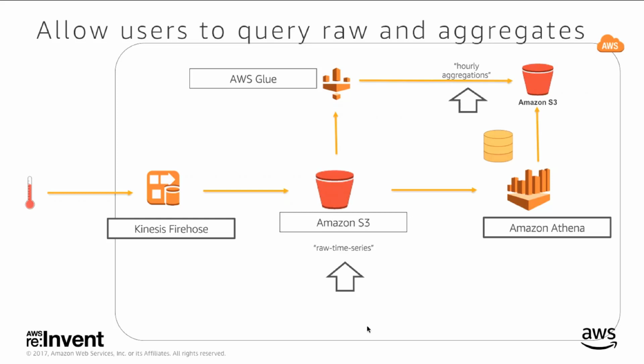So now I have fast data and I have slightly slower, older, colder data. Within Athena, I can then union those two tables together and get a view of the fast and the cold data together in one dashboard. So that's a very common approach that we're seeing around log aggregations, when you want that near real-time view, but also still have the ability to go back in time and look at your data.